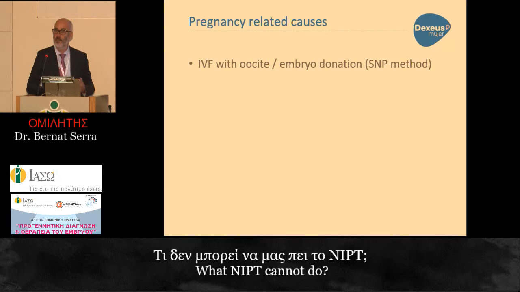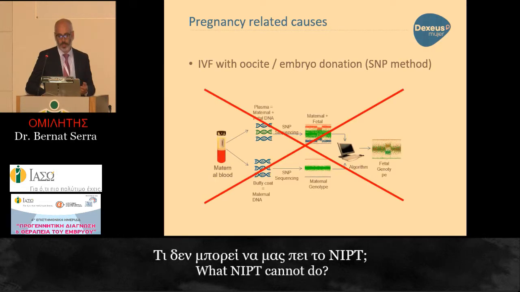Okay, if it is a surrogate pregnancy, you also cannot use the Panorama test, because besides the maternal and the fetal DNA, there is the DNA content from the biological mother that could not be integrated in the algorithm yet. Maybe in a few months or years it will be possible.